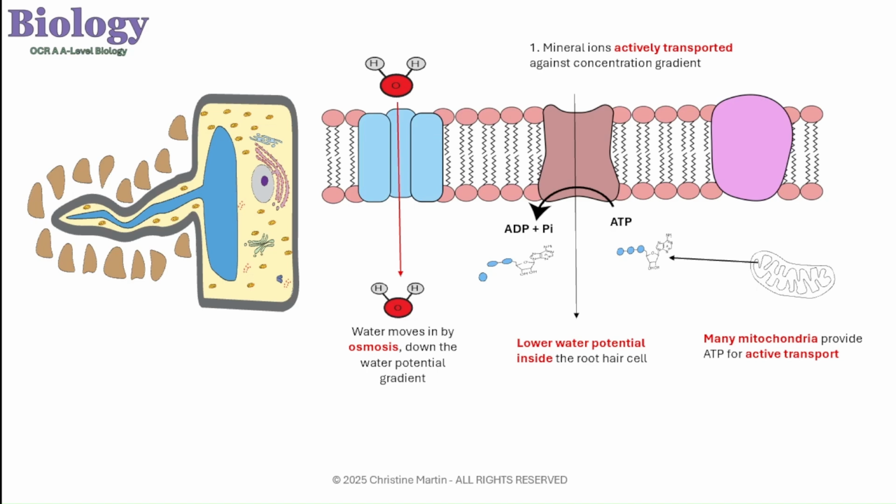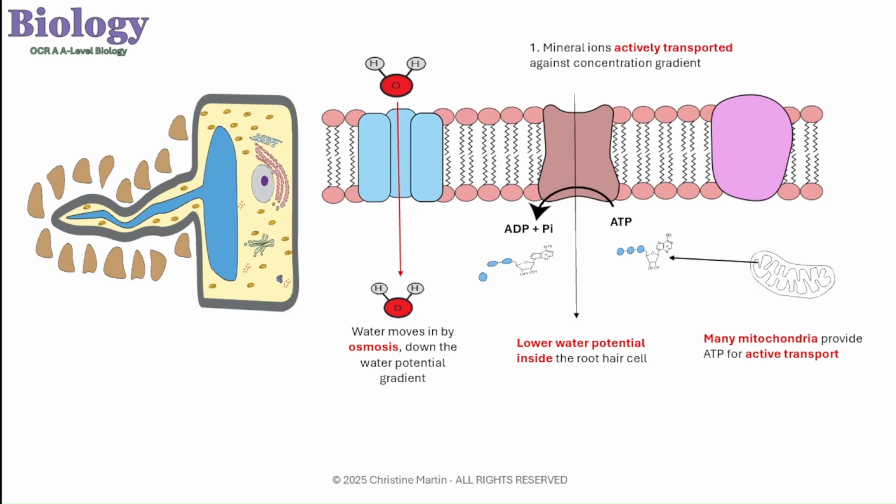So we can see here that we've got the mineral ions being actively transported against a concentration gradient. We are going to therefore lower the water potential inside that root hair cell, and the water will move by osmosis. Now, when the root hair cells have differentiated, they have lots of mitochondria, and that is to provide the necessary ATP for the active transport.